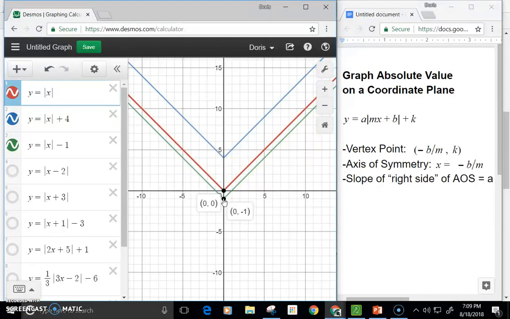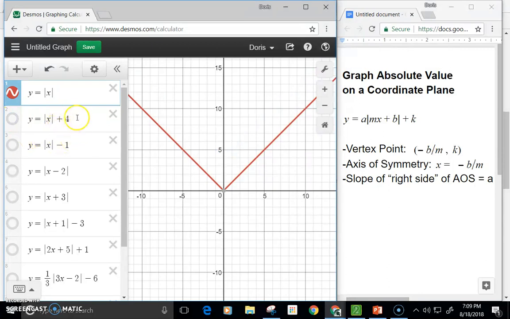Now we do have some negative y values, and that's because we've taken our original y values and subtracted 1 from every single one of them. So it's pulled the graph down 1 unit. The axis of symmetry is still in the same place, so all the reflective points still reflect across that same line. The only thing that's happened is it's shifted down.